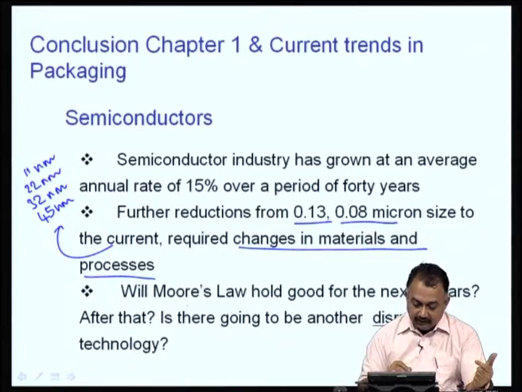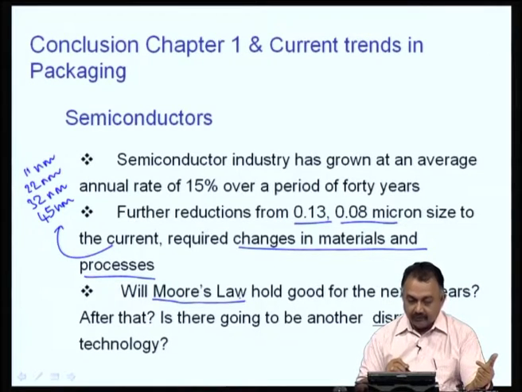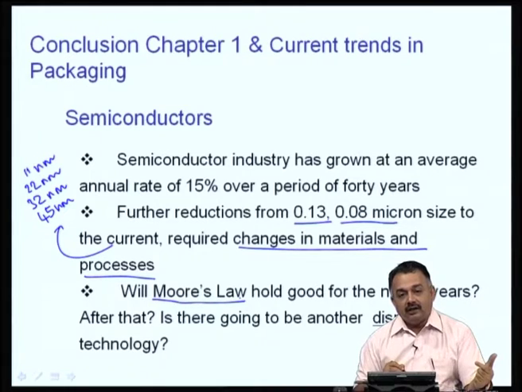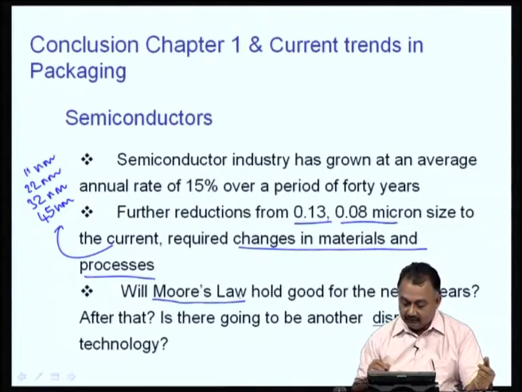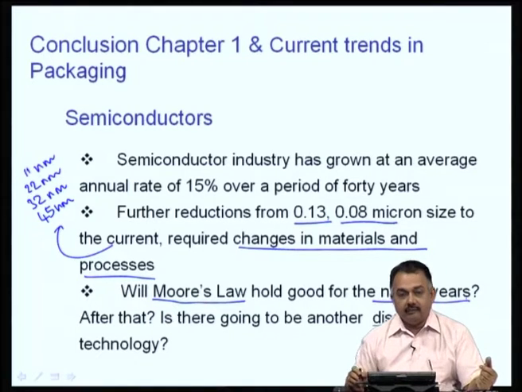I have explained in detail what is Moore's law. Now, the question is, as a conclusion to this chapter, will it hold good for the next 5 years? That means, will the doubling of transistors take place every 18 months or at max 24 months? This is what we are going to see.